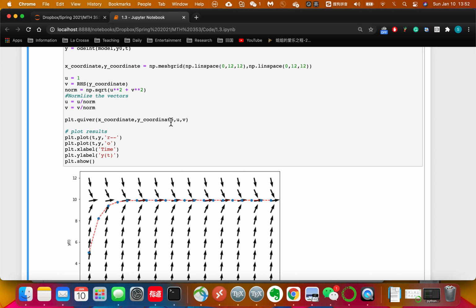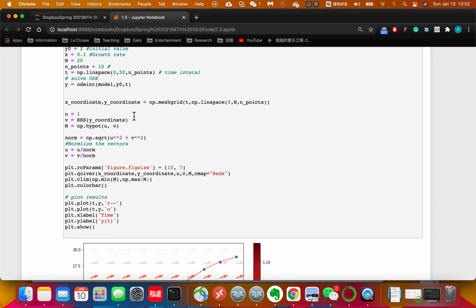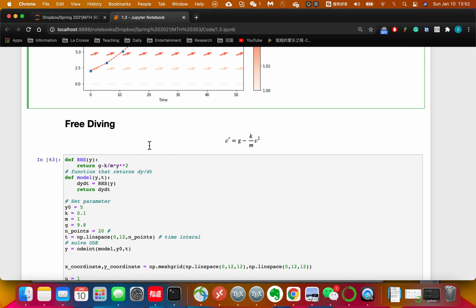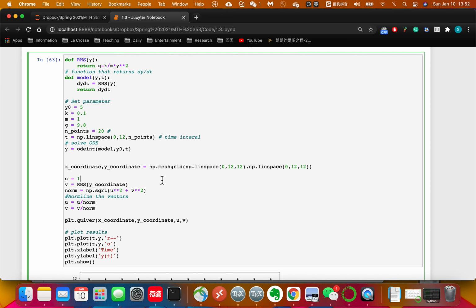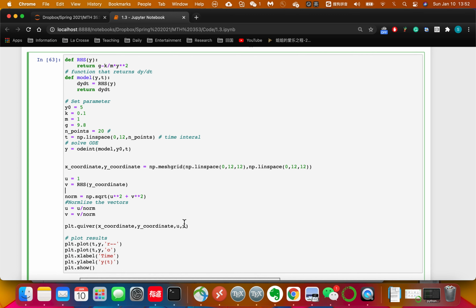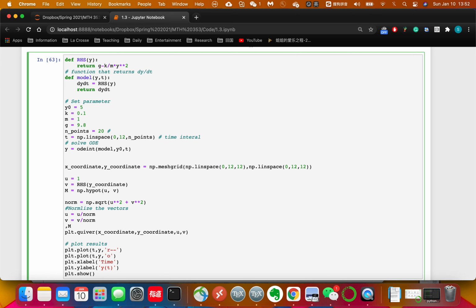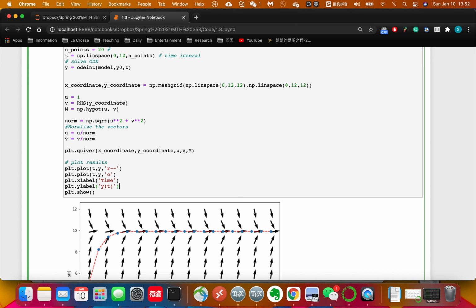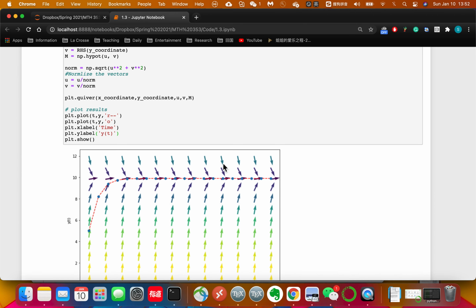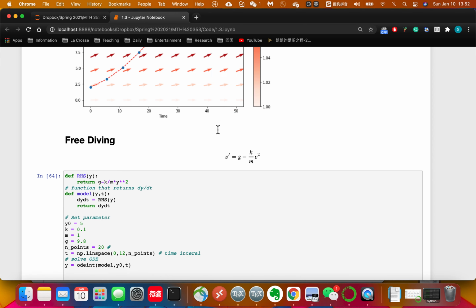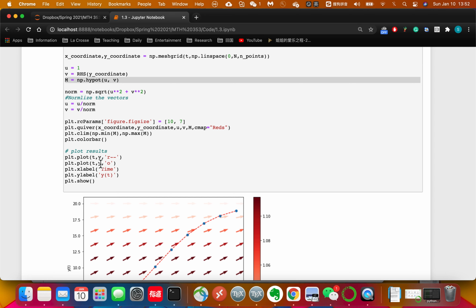To add color to it, simply add the line here, and then just put M here. We can add color to this graph. One more thing: we need to add the color map.